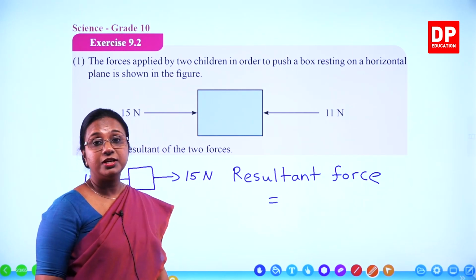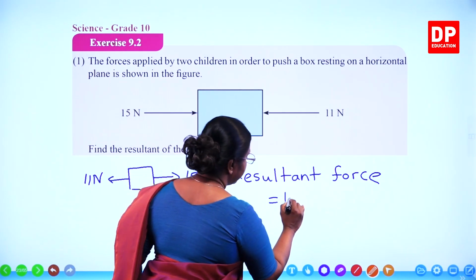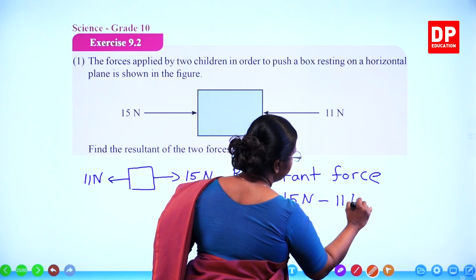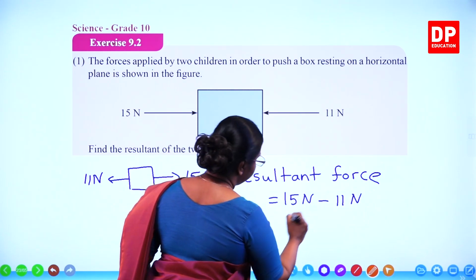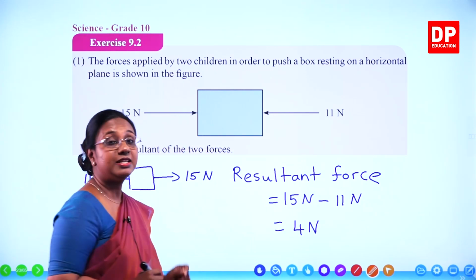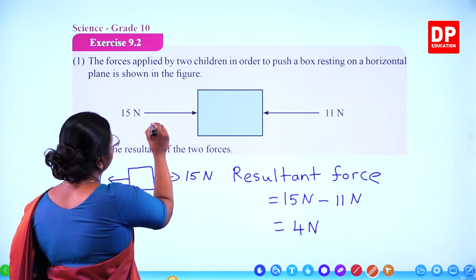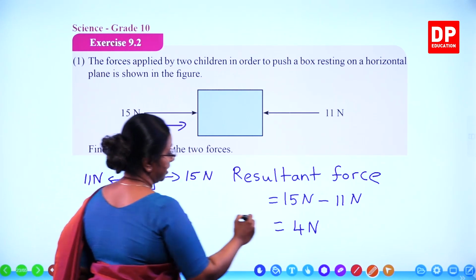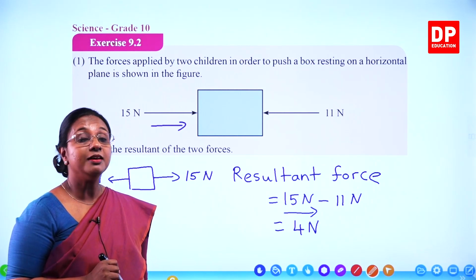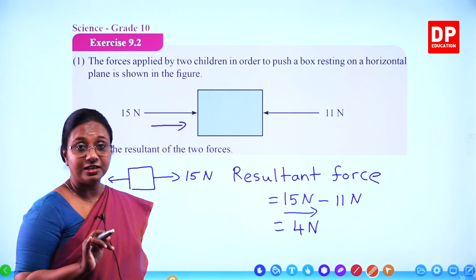So 15 Newton is the higher force. We take 15 Newton minus 11 Newton, the smaller force. 15 minus 11, 4 Newtons. And what is the direction? Here you can see it is this direction. So towards that direction. That is the resultant force. Is that clear to you?